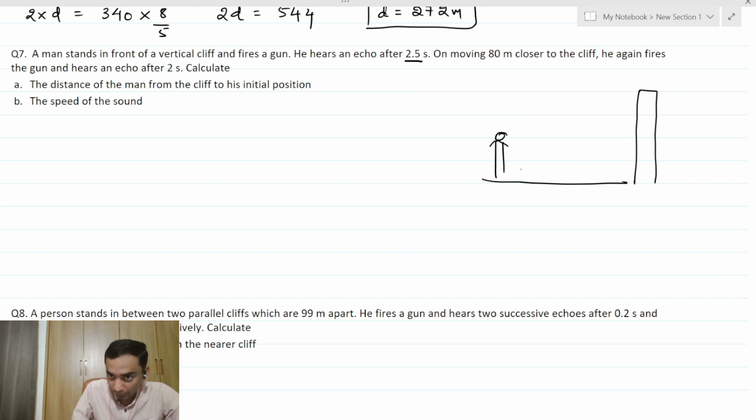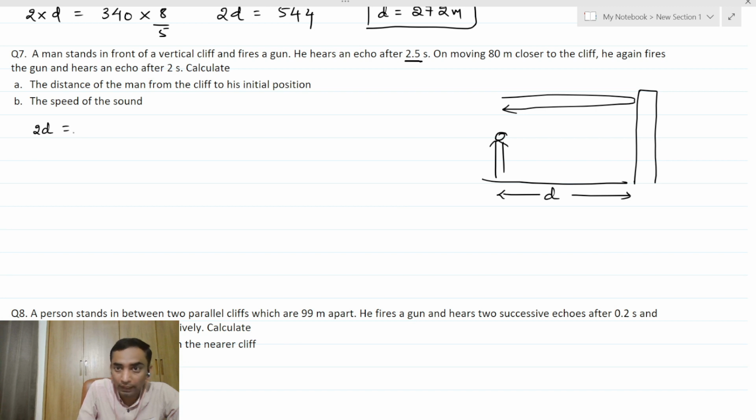The original distance is, say for example, d. So the sound travels d forward and d backwards. So the distance is 2d, which is equal to the speed of sound, which we don't know, times the time taken, 2.5 seconds, for this entire 2d journey. Okay, this is my equation number 1.